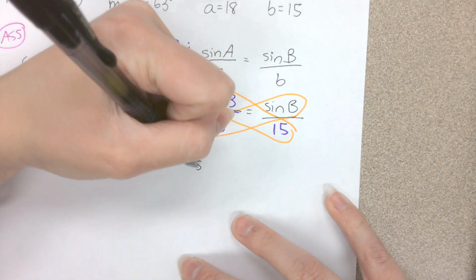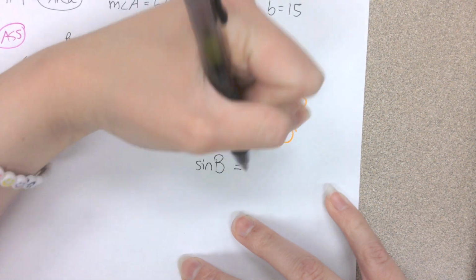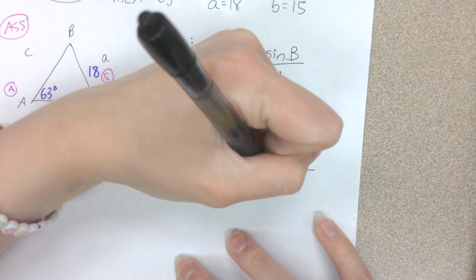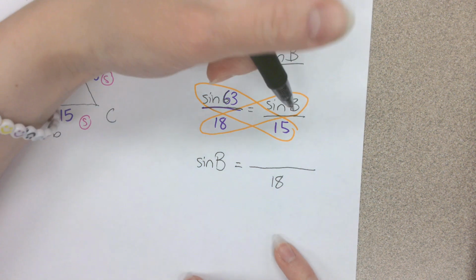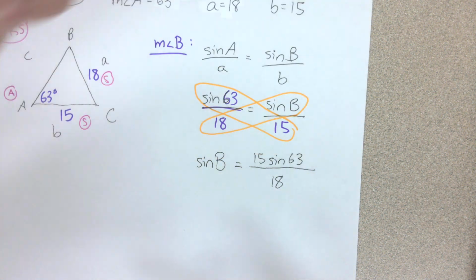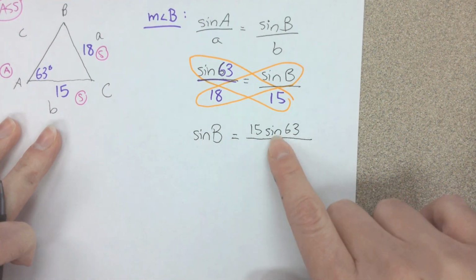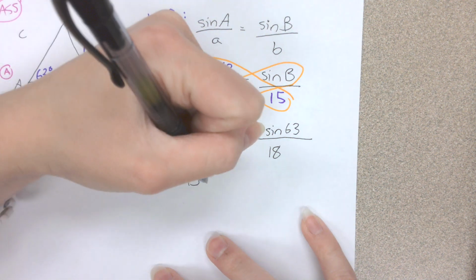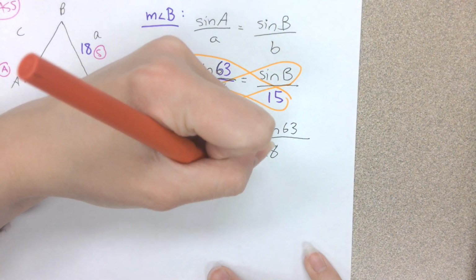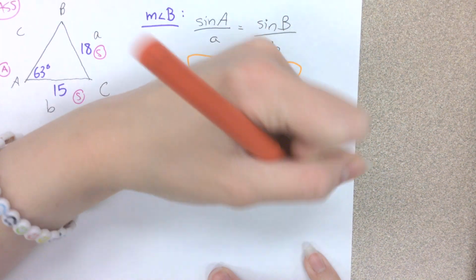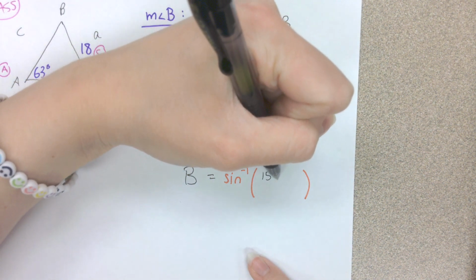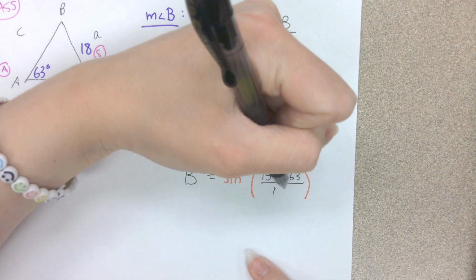And again, I'm going to skip the algebra on this. Sine of B equals whatever gets crossed with sine of B. We have that on the bottom, so 18 on bottom. And then 15 sine of 63 on top. And then we're going to have to use the inverse here. Not ideal, but that'll be okay. Inverse sine of 15 sine of 63 over 18.